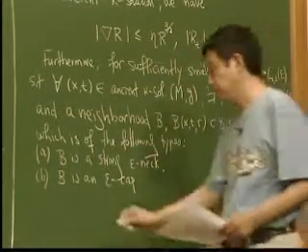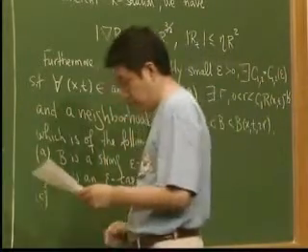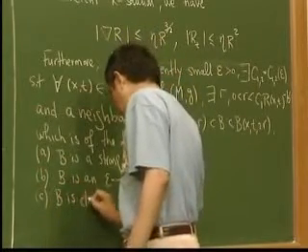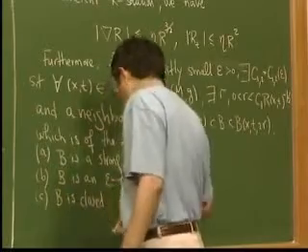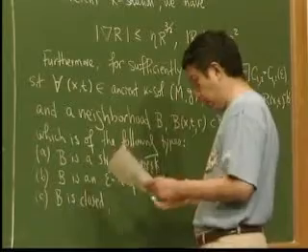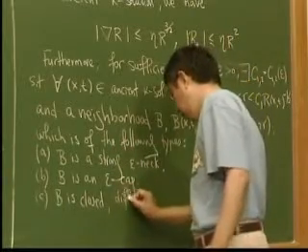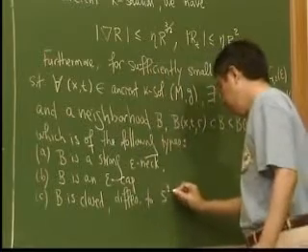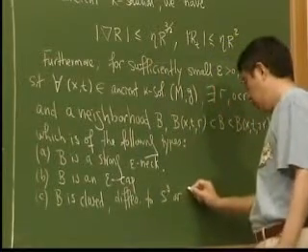And that's 4 cases. 3 is B is closed and diffeomorphic to S3 or RP3.